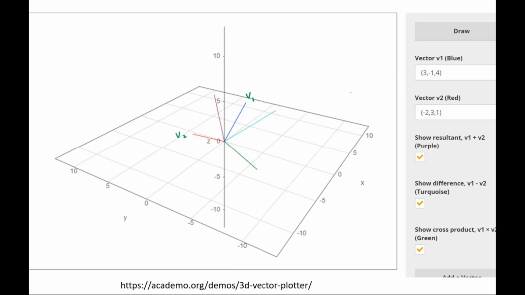The purple line is V1 plus V2, the result. The turquoise color is V1 minus V2. And the green color is for V1 cross V2, the vector product. So how to calculate? After this, I will show you how to calculate the operations of vectors.